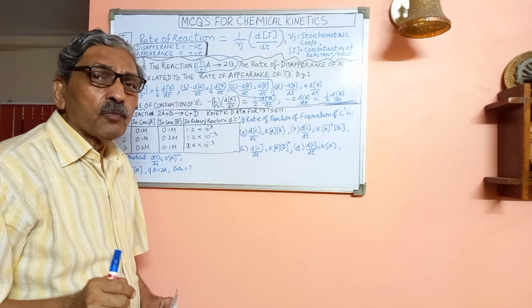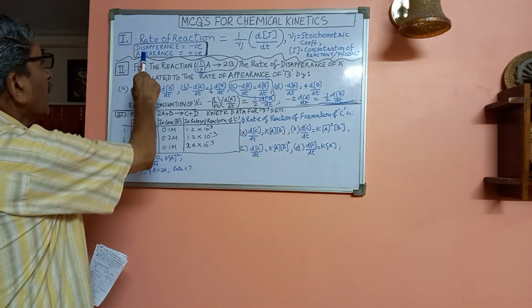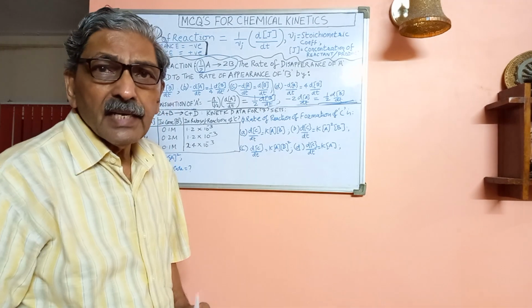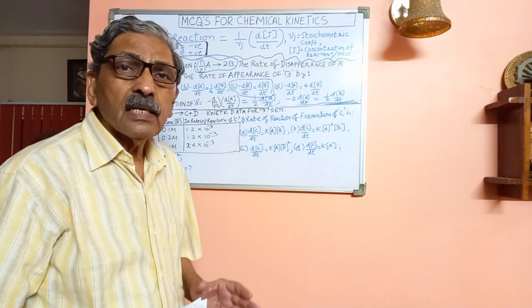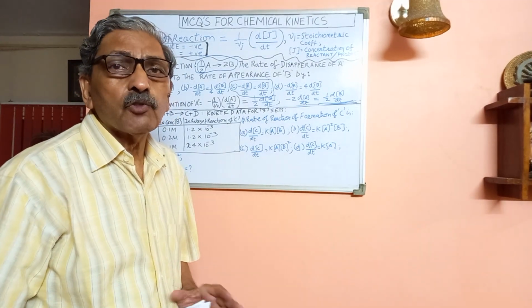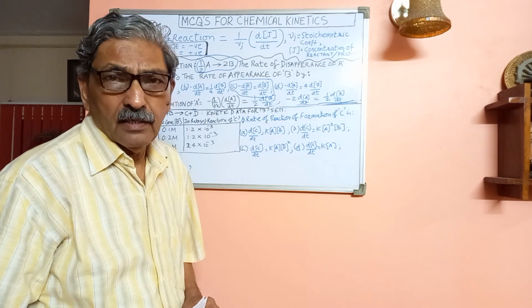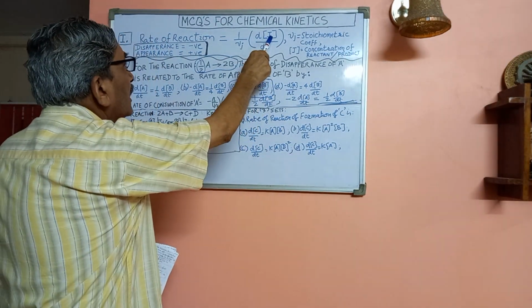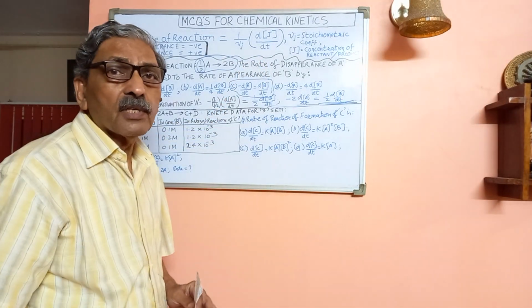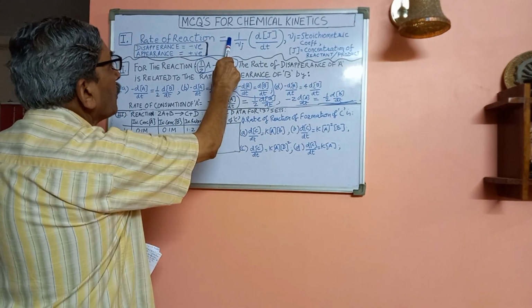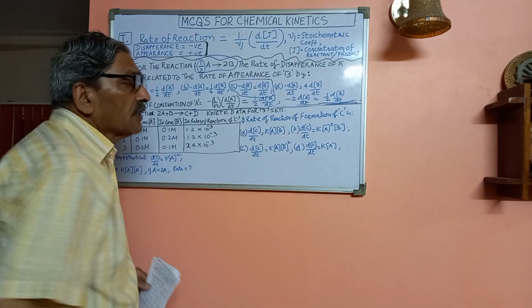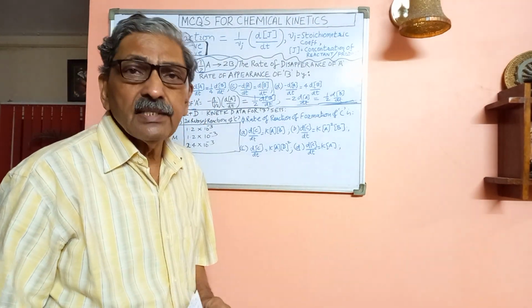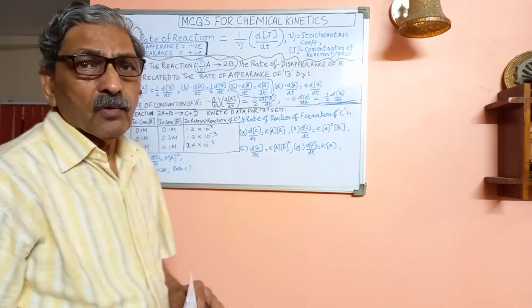Now there's one more small point, that if you have the disappearance of a reactant, then there is a negative sign which is associated with the rate, as we have shown over here. So if supposing this J is the concentration of the reactant, then we'll put a minus sign over here just to show that the concentration is decreasing as the time goes on.